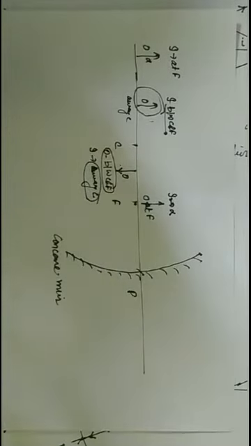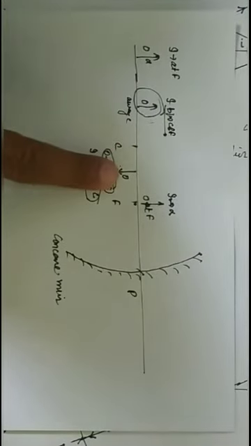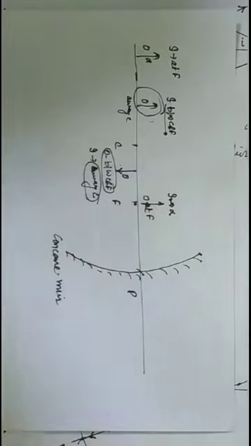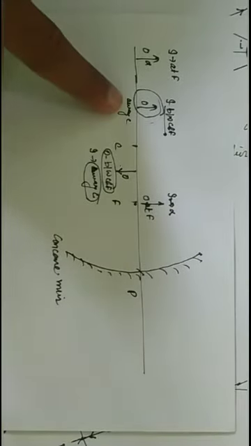Or in reverse order, if you place your object away from center, then your image will be between center and focus. If your object is between center and focus, your image will be away from center.